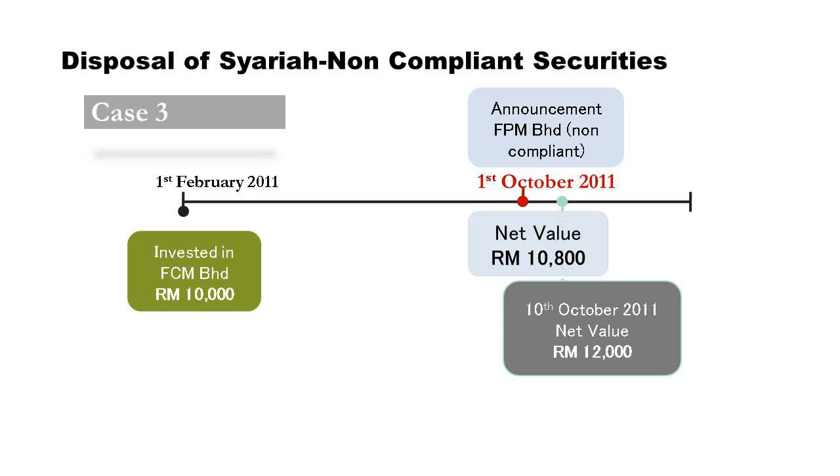Once they announce, it's 10,800, but after you sell later, it becomes 12,000. You cannot sell at 10,800, but you manage to sell at 12,000. So anything above the 10,800 must be donated. You can only keep up to 10,800, because that is what is Sharia compliant and halal. Anything above 10,800, you have to donate away, because that is after non-compliance.